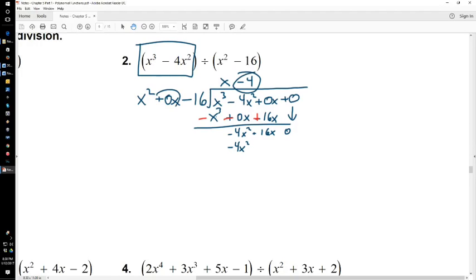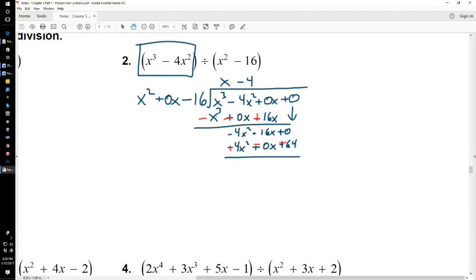Negative 4 times 0 is 0. Negative 4 times negative 16 is positive 64. We got to flip the signs, because remember we're subtracting.